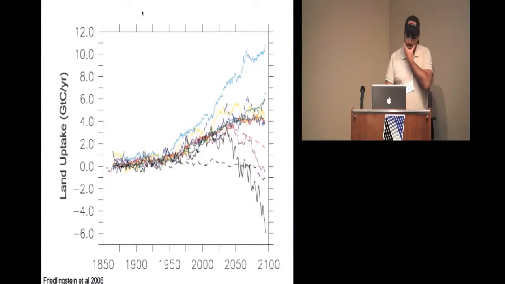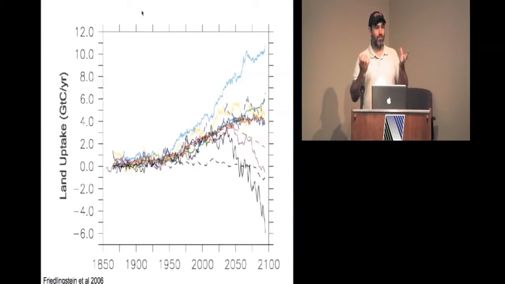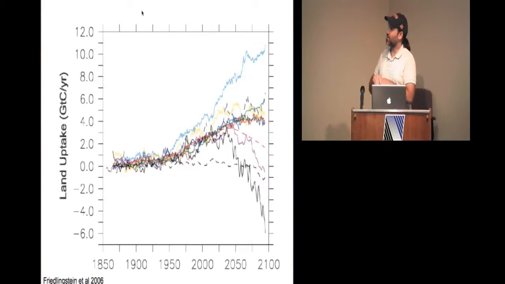Now the problem, or the challenge, is that when we take all of these pieces and put them together, each representing our best understanding of how the ecosystems work, and we try to project those out over the future, this figure shows the land uptake predicted by an ensemble of different models. So each of those lines is a different model projected out to the end of the century.